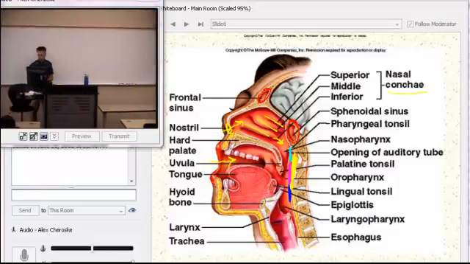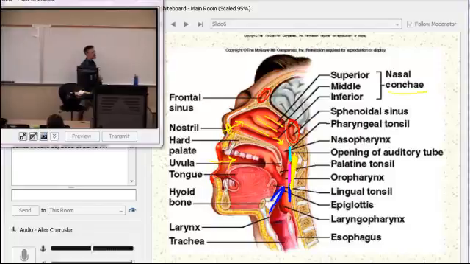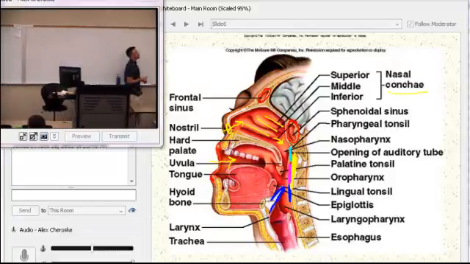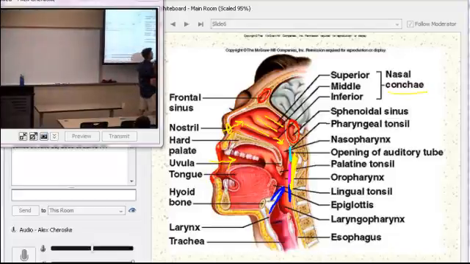Okay. One other thing before we get off this picture is that we see when we get to the larynx, there's also this flap, like you see right here. Okay? This flap is called the epiglottis. And the epiglottis is critical because the epiglottis serves kind of as a trap door, right?